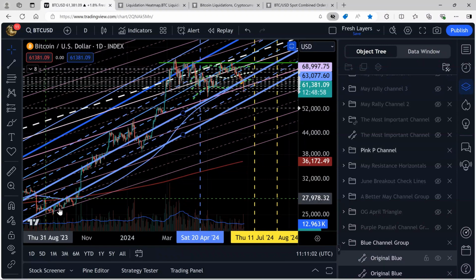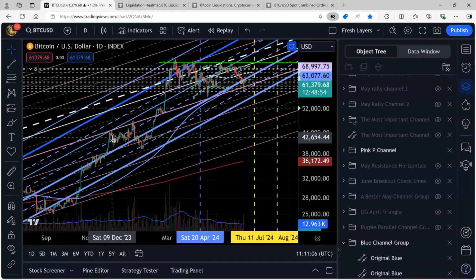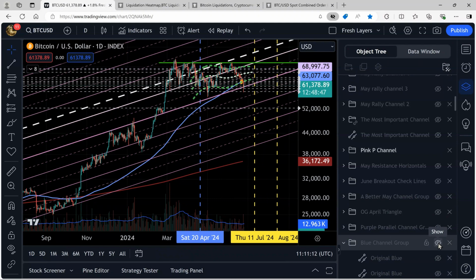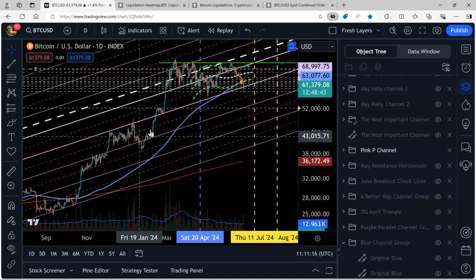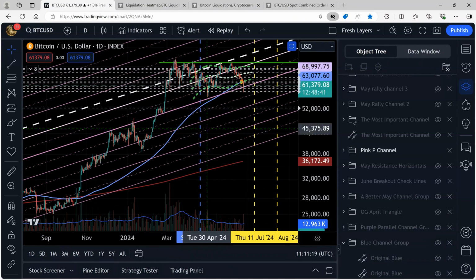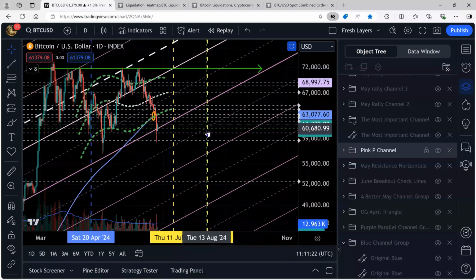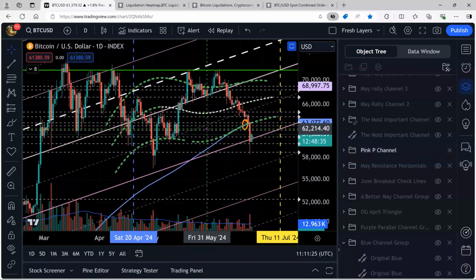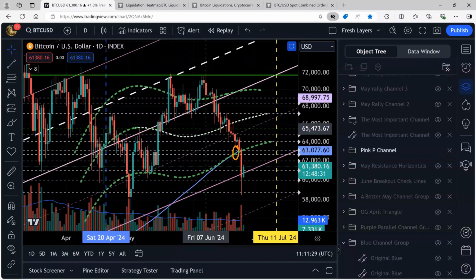So you can see how the price action interacted with the pink parallel channels here, pretty clearly as stepping stones as we stepped up through these groups. And even currently, you can't see it, but we do interact with multiple channels, which is what I'm about to show you.